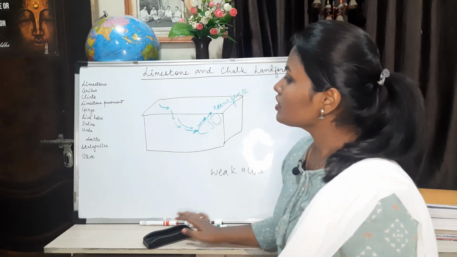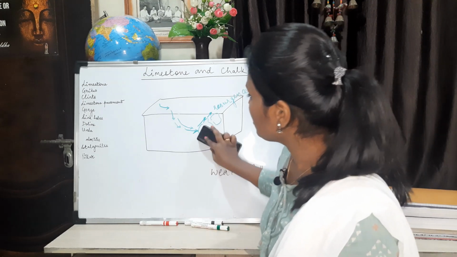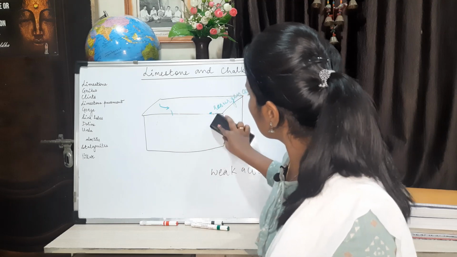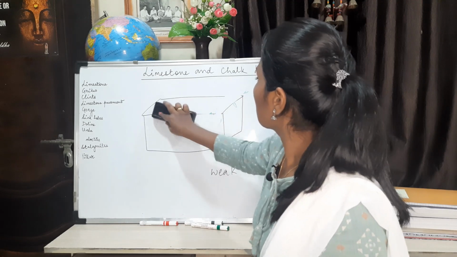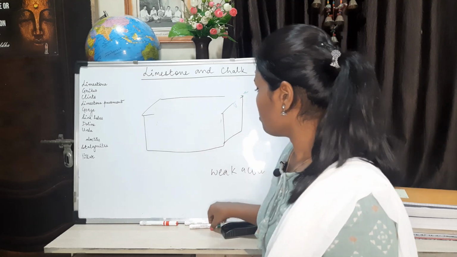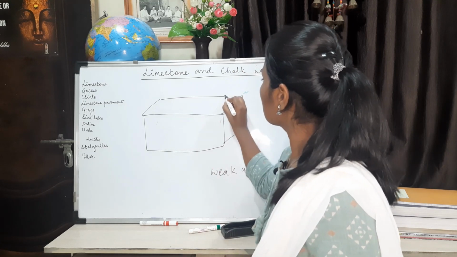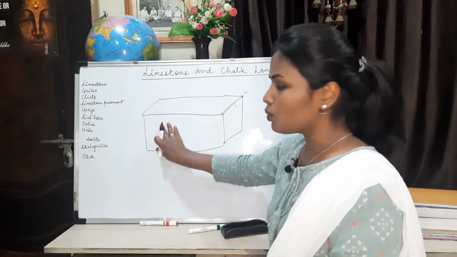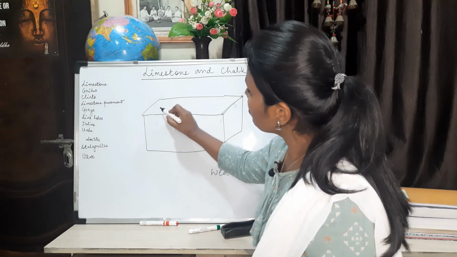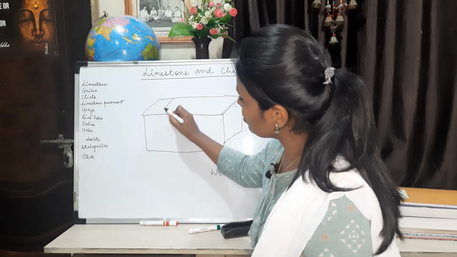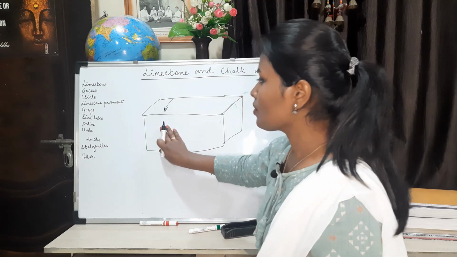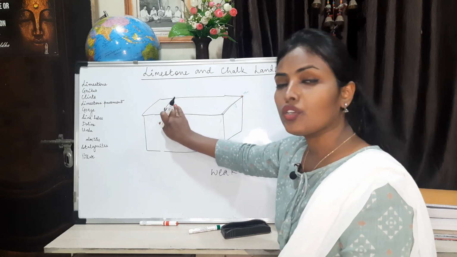Again, a similar thing we are going to see. Now we are taking this same rock of limestone. The water is flowing over this, in this direction. Now this rock is going to get eroded.